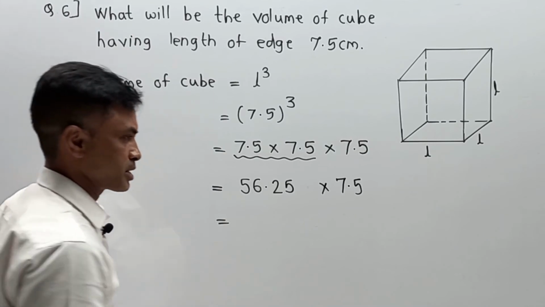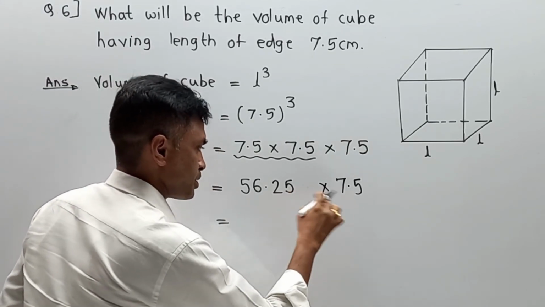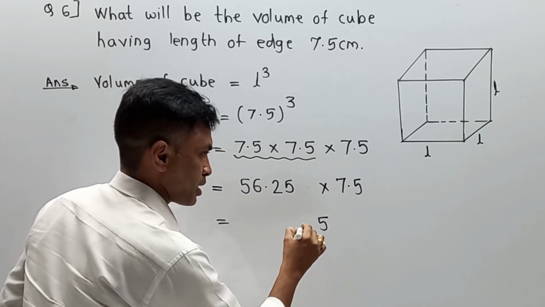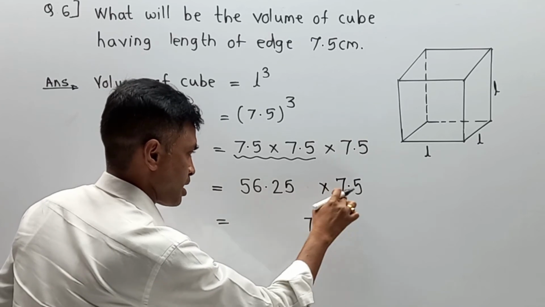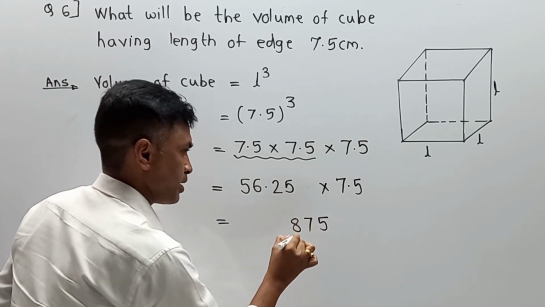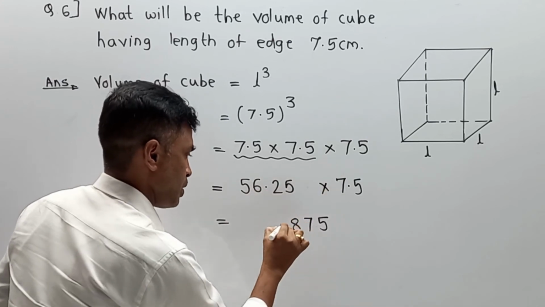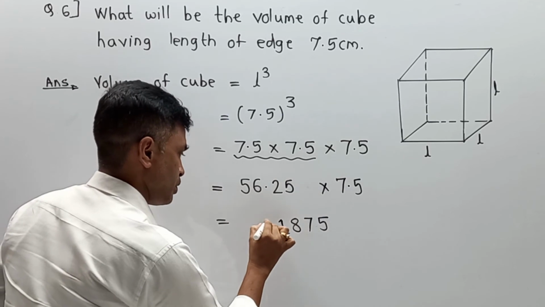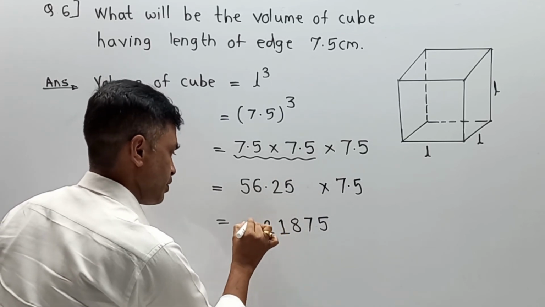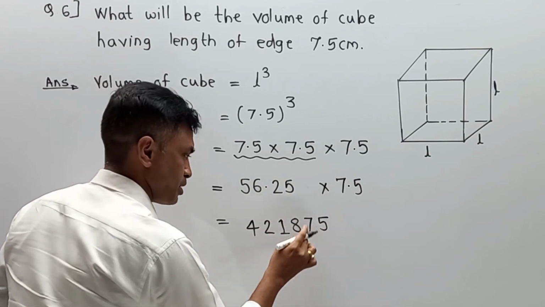So this product is 5, 7, 8, 1, 2 and 4. So again 2 plus 1, 3 decimal.